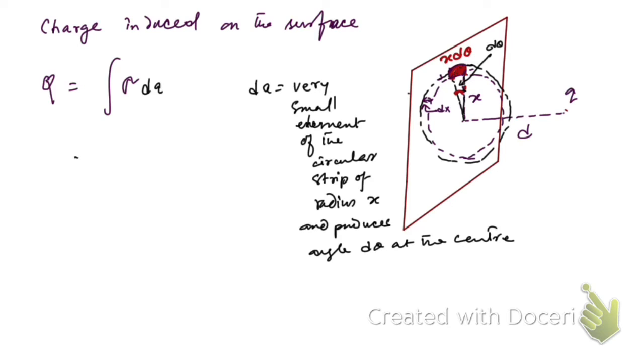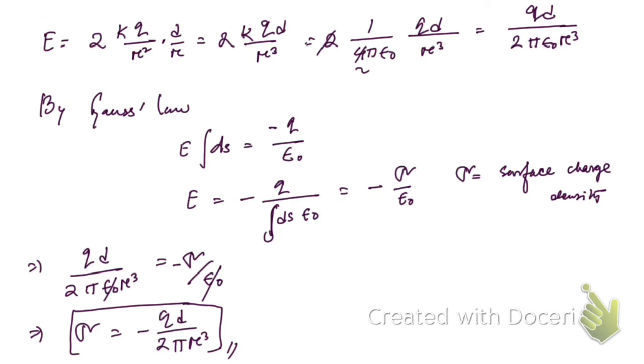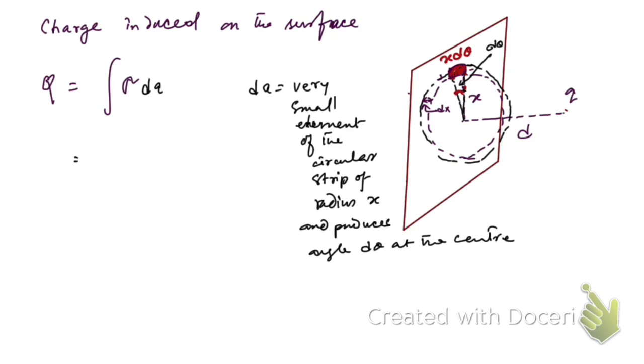Now we have got sigma equal to minus q d by 2 pi r cube, so let me put here minus q d by 2 pi r cube into dA. So dA is the area of this small strip.